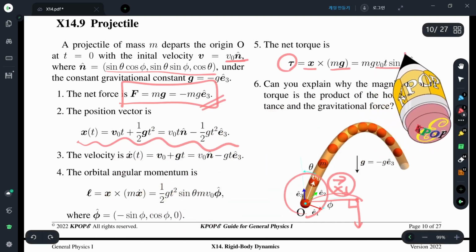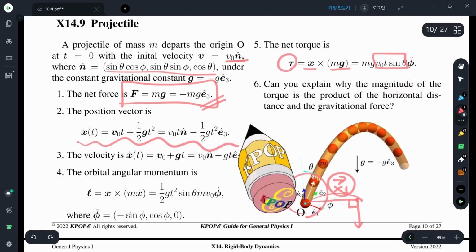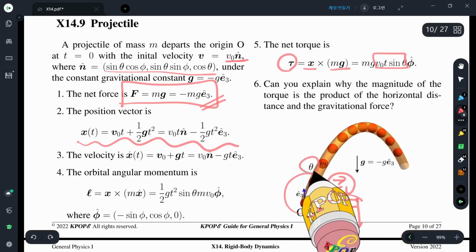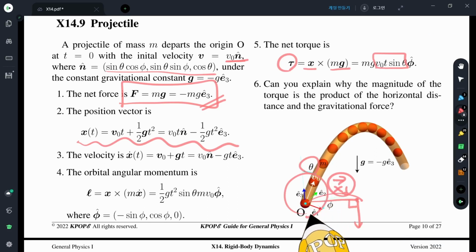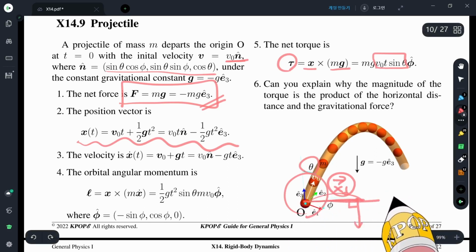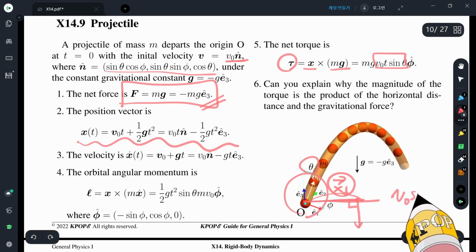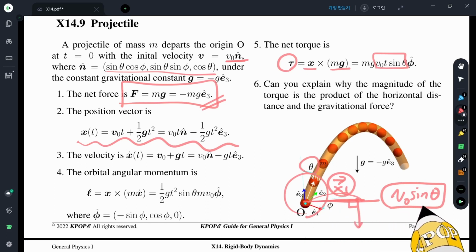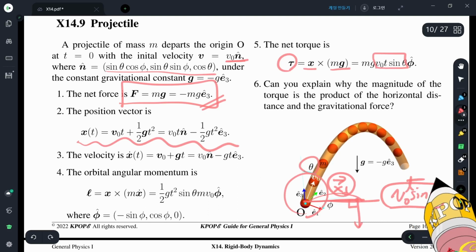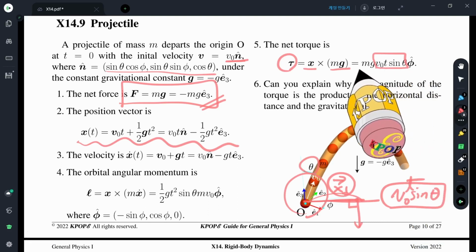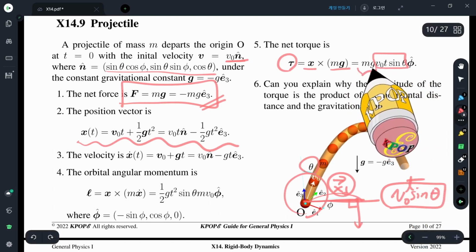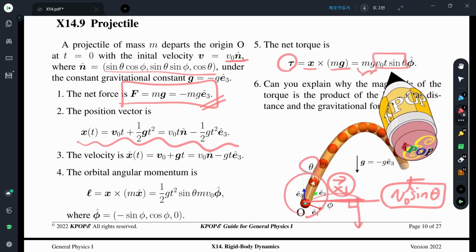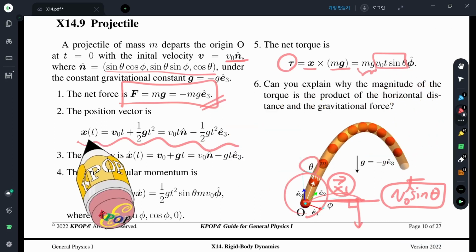We have angle theta here, and the perpendicular direction, the horizontal direction, is v0 sine theta. This velocity is constant, and the displacement is just multiplied by time. So v0 t sine theta multiplied by the force. That's the correct answer. However, it is just for training.